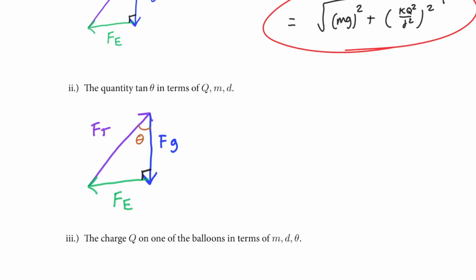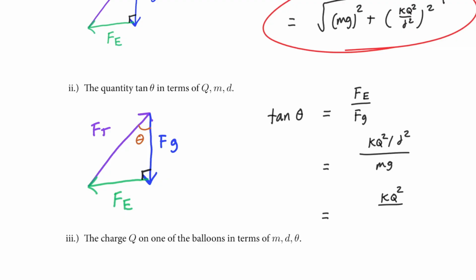So tan theta is just going to be opposite, Fe, divided by adjacent, Fg, which is going to be kq squared over d squared, divided by mg. So tan theta is equal to kq squared over mgd squared.